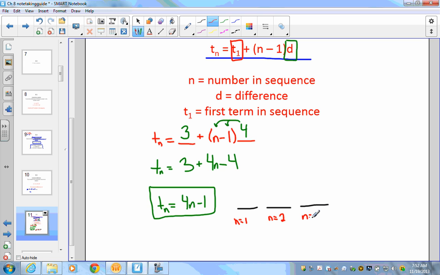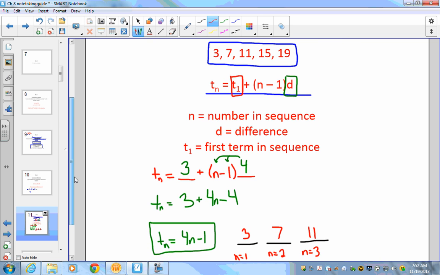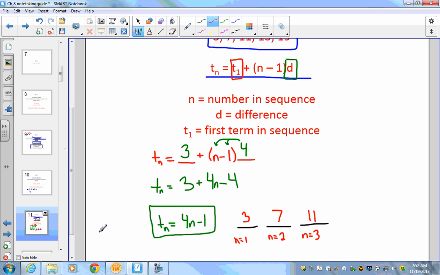If I plug in 1 for n, I get 3. If I plug in a 2, I get 7, and if I plug in 3, I get 11. That's exactly what we have: 3, 7, 11, and I'm sure it will build on to 15 and 19. So there you have it. There's your answer: T of n is equal to 4n minus 1.